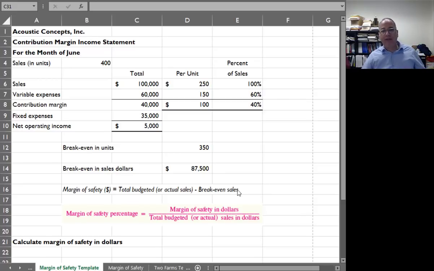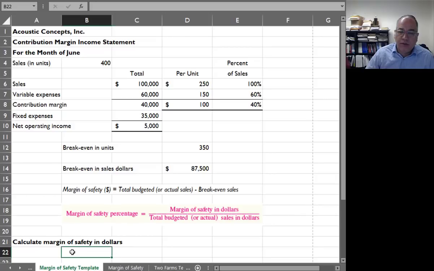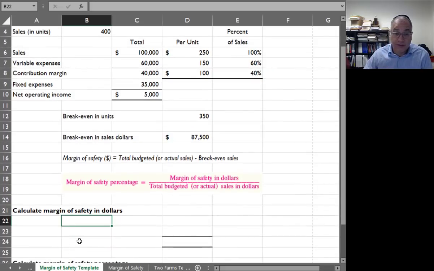So if it already happened, this would be your actual sales. If you're budgeting it, then this would be your budgeted sales. And then margin of safety percentage, I'll get into in a moment, is going to be margin of safety in dollars divided by total budgeted sales in dollars. And by the way, you could do margin of safety percentage also in units and get the same answer.